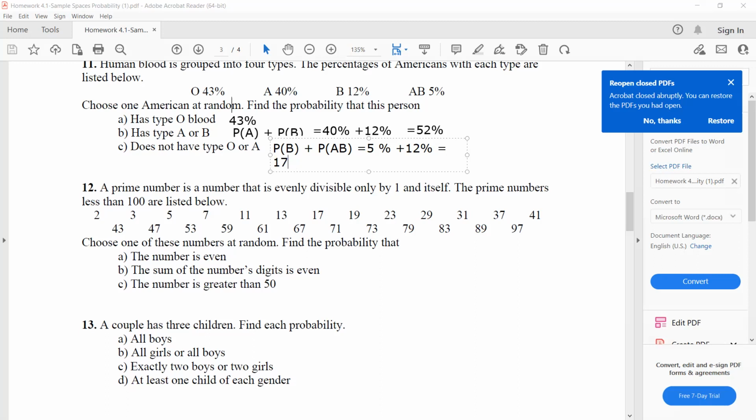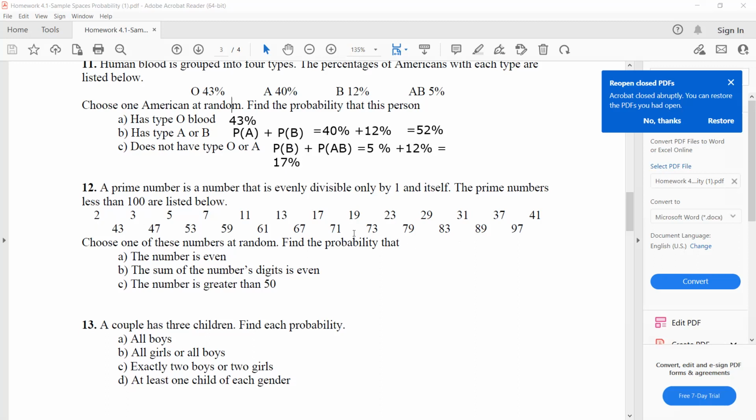Now this question, it's not meant to be hard, but every semester somebody gets thrown off by one of the parts. So we'll see what happens here. This is 12. A prime number is a number that is evenly divisible by only one and itself. Prime numbers less than 100 are shown below, 2, 3, 5, and so on.